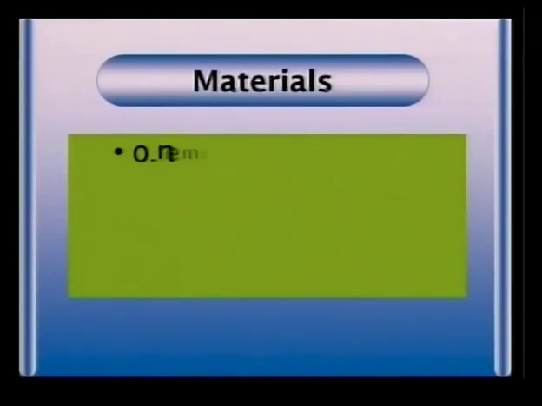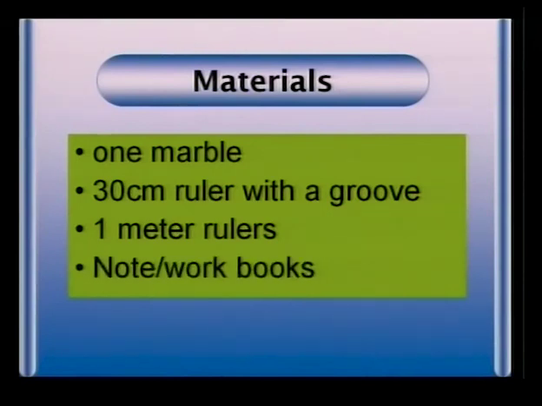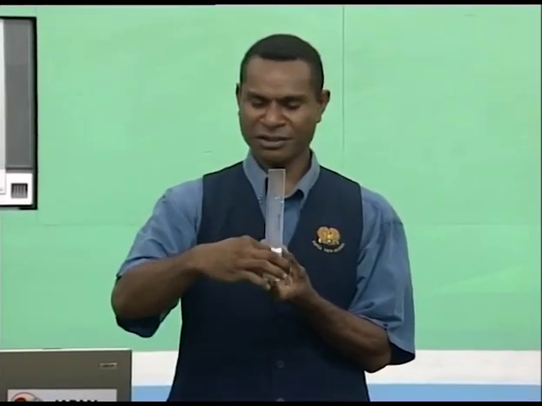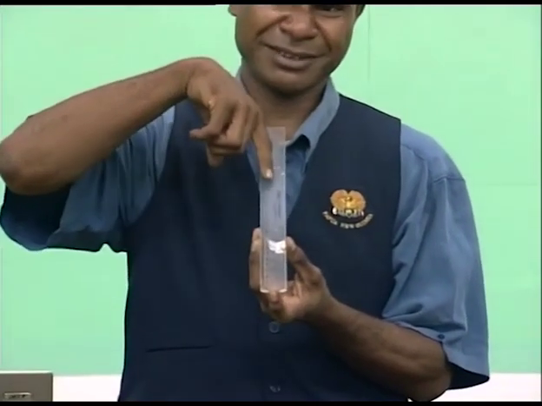Material that you will bring for your lesson. Each group will bring one marble each, a 30 centimeter ruler with a groove. With the groove, meaning that some rulers have a space, or not a space, but it's called a groove, like it's carved down between there.